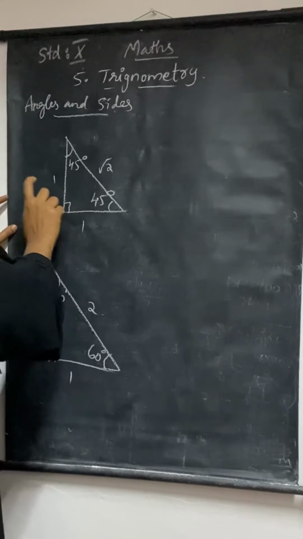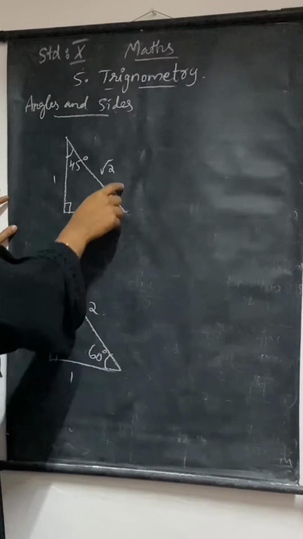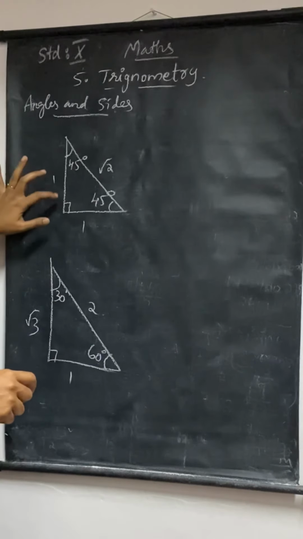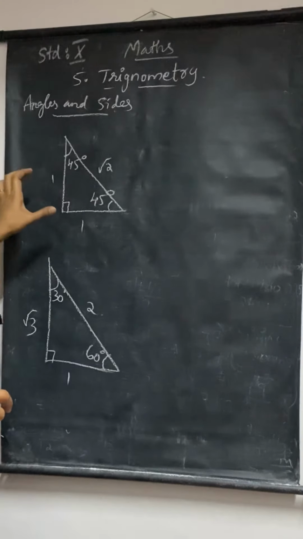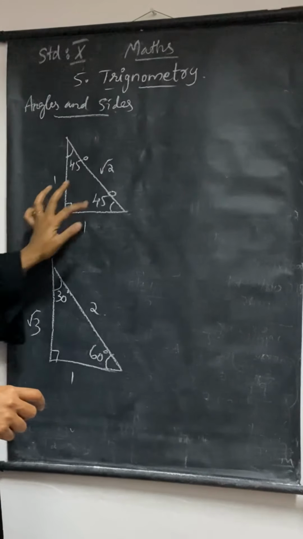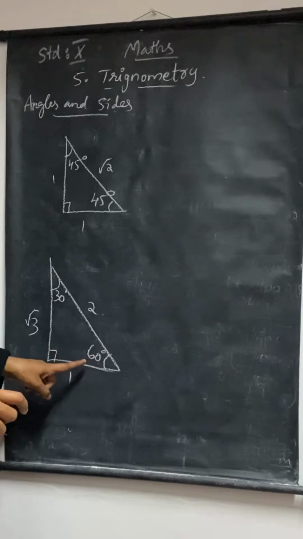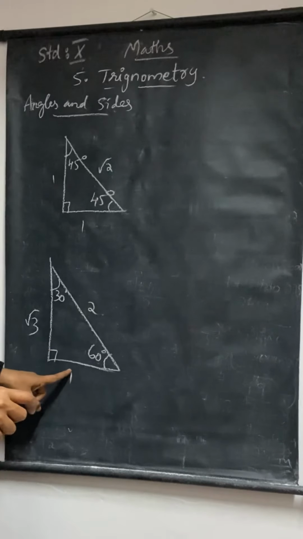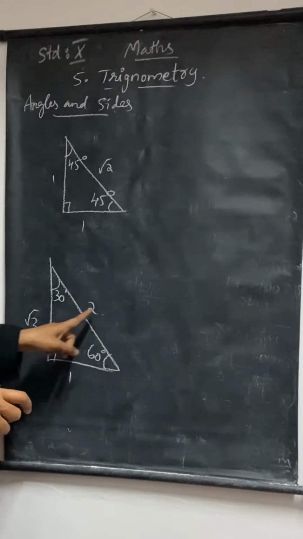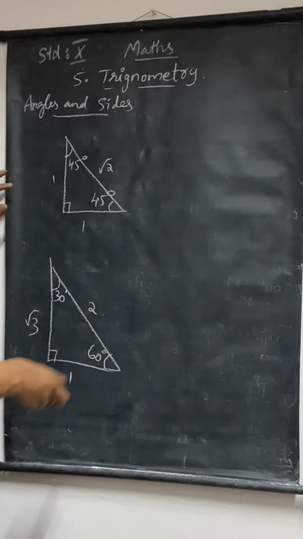That means the ratio comes 1:1:root 2 in the 90, 45, 45 degree triangle. And in the 30, 90, 60 triangle, the ratio of the sides will be 1:root 3:2. So this is the speciality.